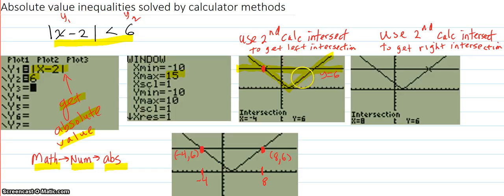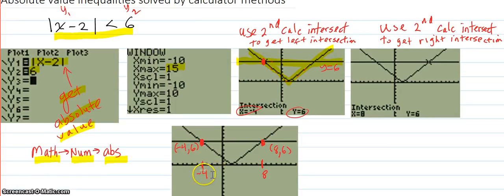You arrow over to get close, and then you press enter, and it'll ask you for the second line, enter, and enter again, and it'll give you the answer, which is -4, and of course y equals 6. So I marked that down on our paper as -4 there.